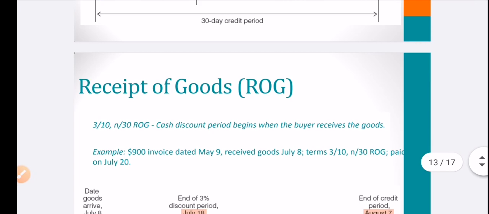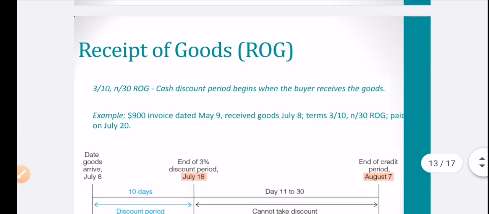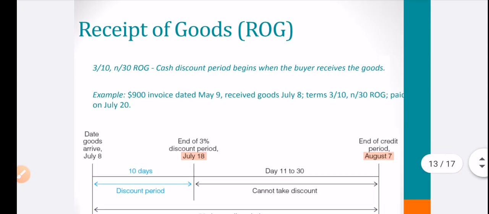Another way is receipt of goods, using the same terms. For example, here we used 3/10 net 30 ROG. The cash discount period begins when the buyer receives the goods. It's not from the date when we bought the item. It starts from the date when we receive the item.